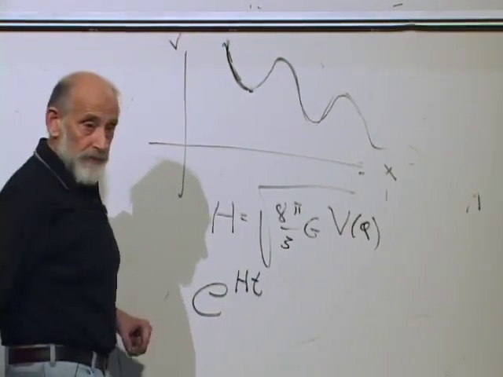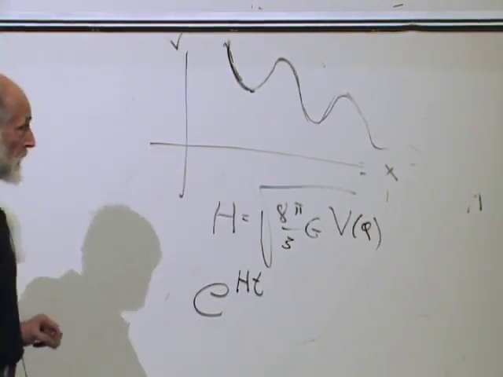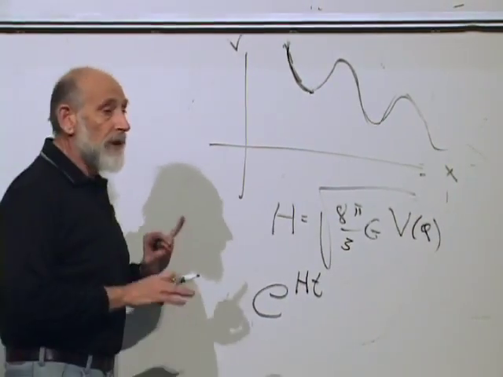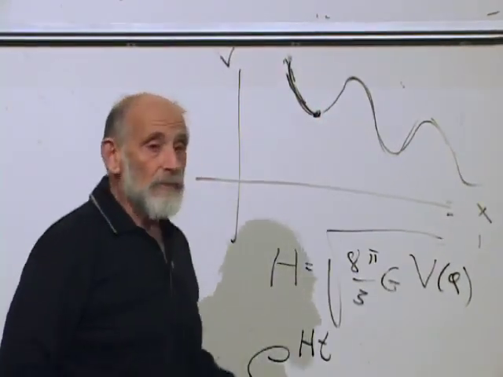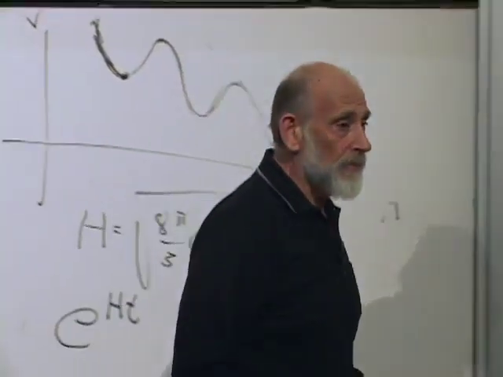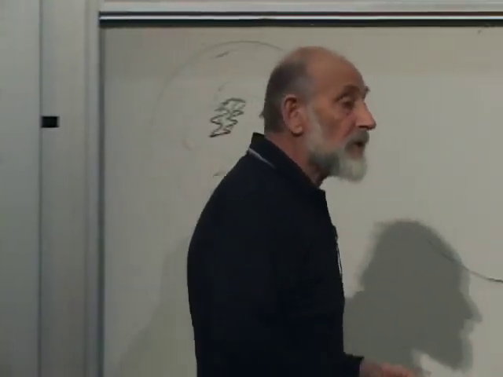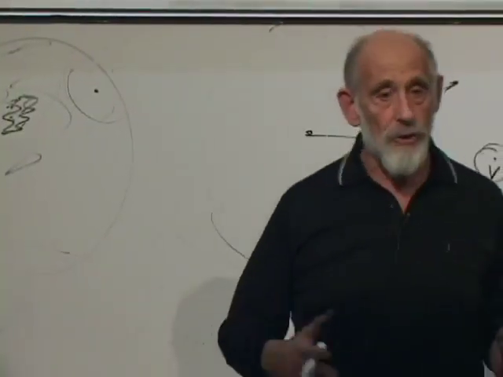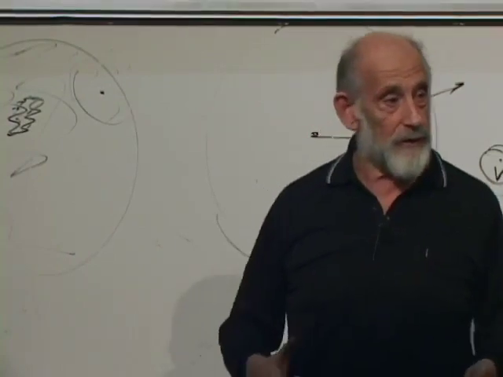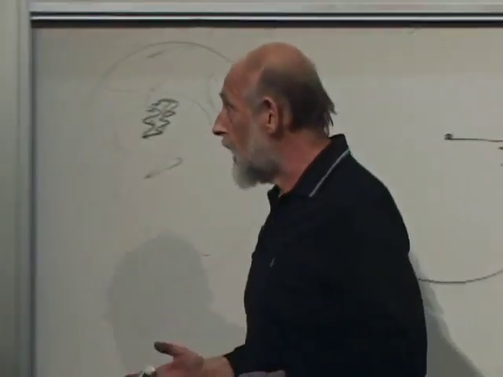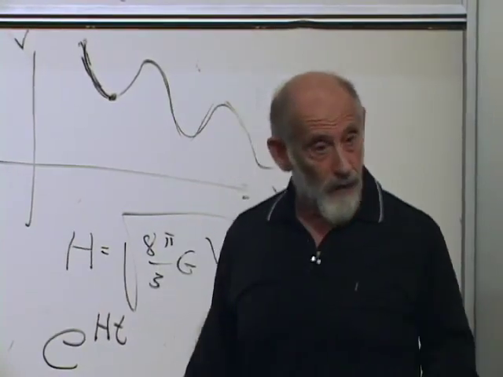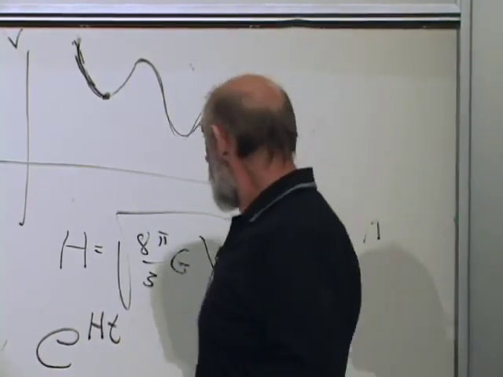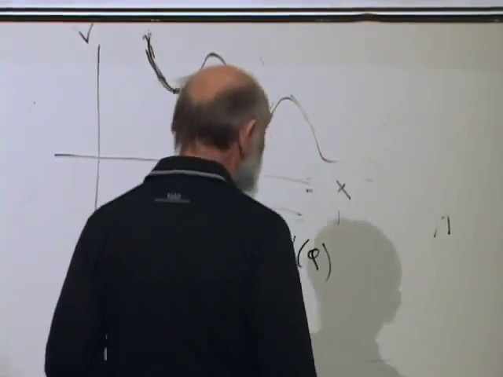If there was friction, and there is friction in cosmology, then it might just come to rest at the bottom over here. If the field comes to rest, then it's constant. That's the situation in which you can pretend that the field is constant and doesn't change with time, if it's sitting at the minimum of the potential. It could come to rest in any of these.